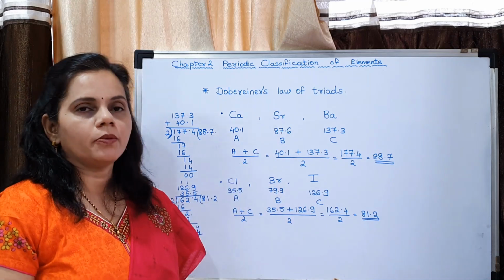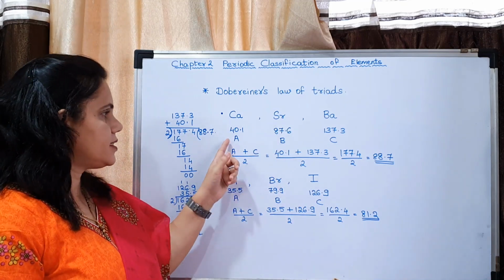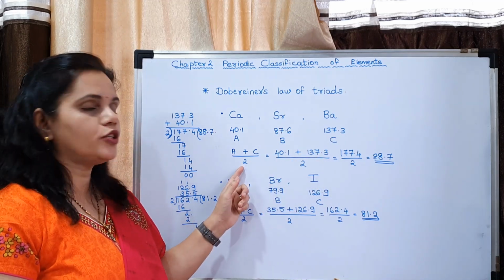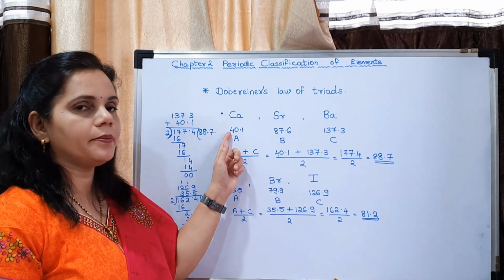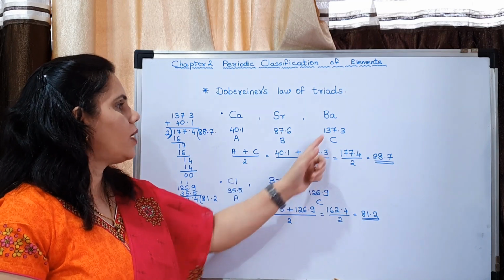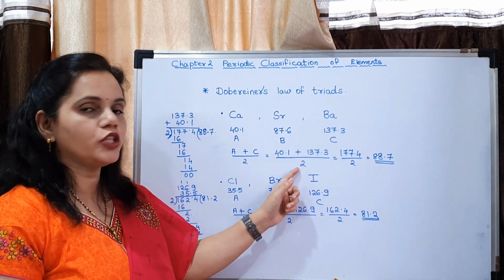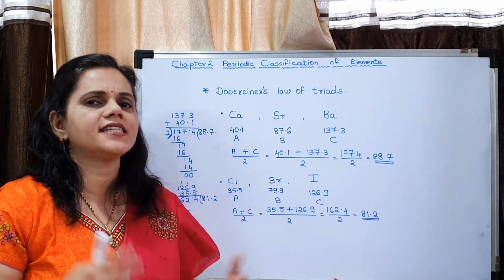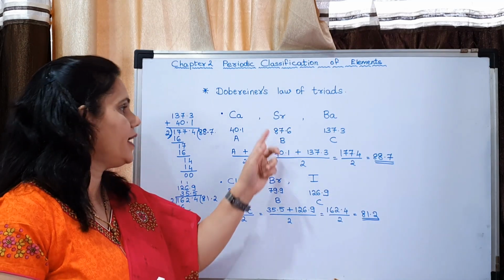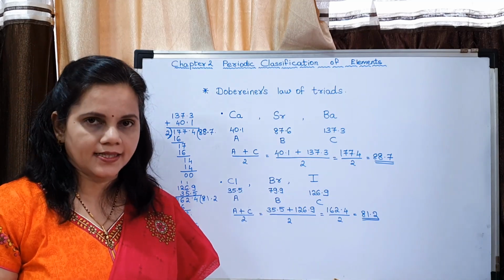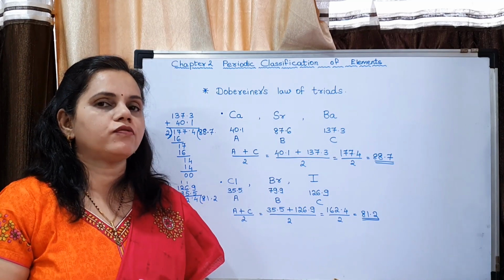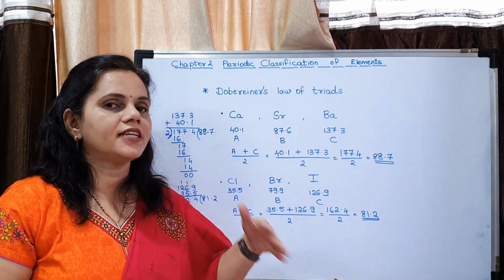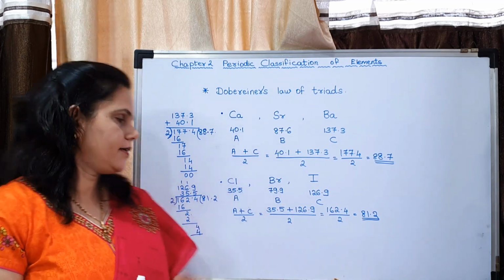Now according to Dobereiner's law of triads, if this is A, this is B, this is C, (A plus C) upon 2 is equal to (40.1 plus 137.3) upon 2. You will get the value of 88.7, which is approximately nearby 87.6. So a difference of 1 or point-wise difference is acceptable if it is a Dobereiner's triad.